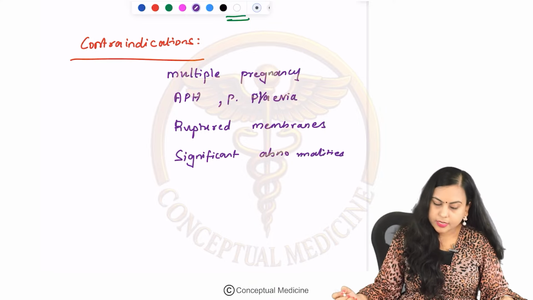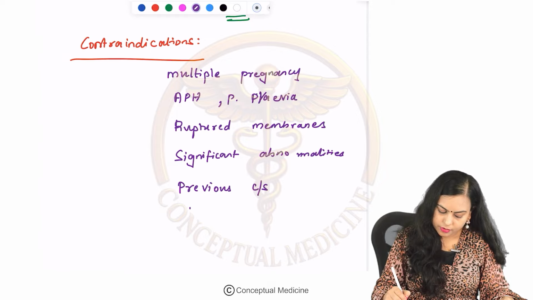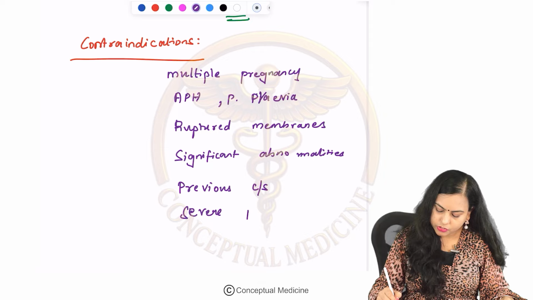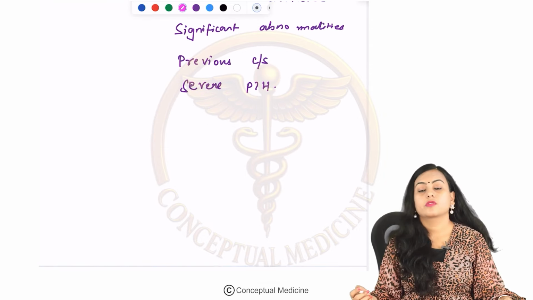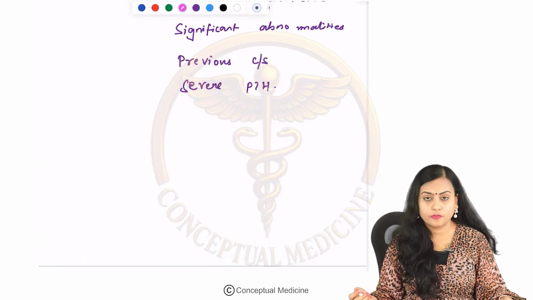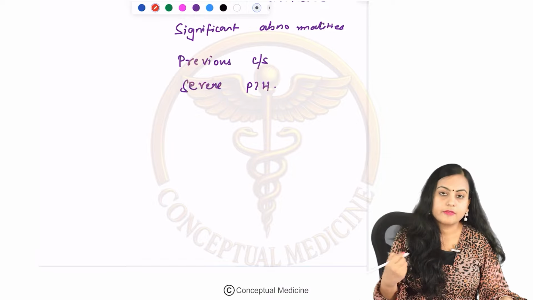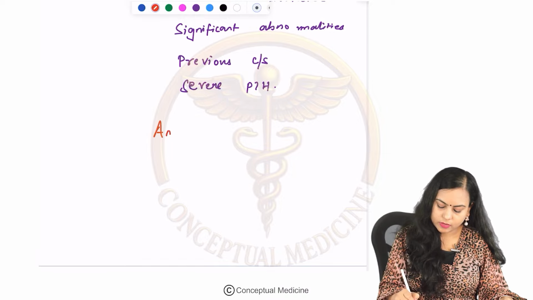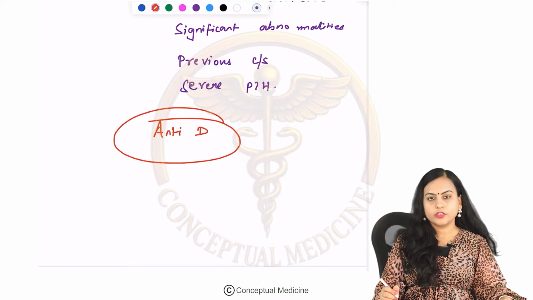Relative contraindications can also include previous cesarean section in the mother, or severe PAH. And remember, external cephalic version is also an indication for giving anti-D. When you perform this procedure, even if it is successful, you have to give anti-D if the mother is going to be Rh negative.